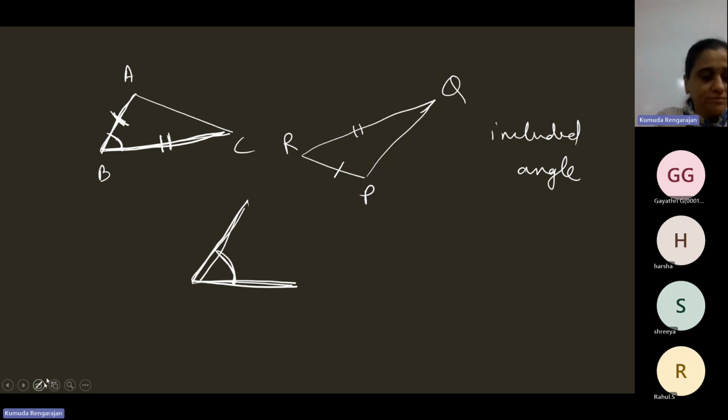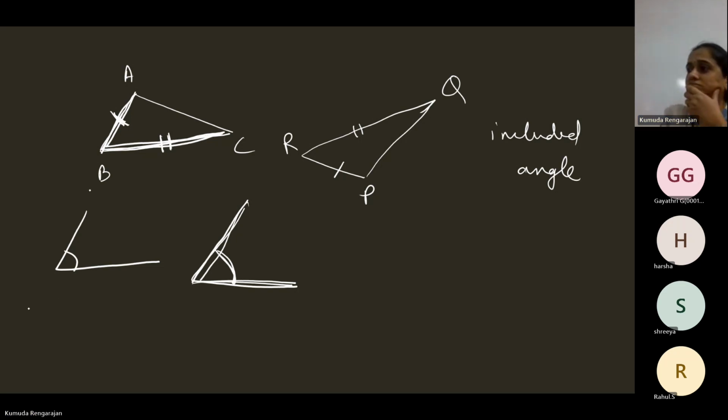Now, when we talk about this side and this side, these two sides are the arms of this angle, so angle B is the included angle. Now in the other triangle, when we talk about the sides QR and RP, which is the included angle?